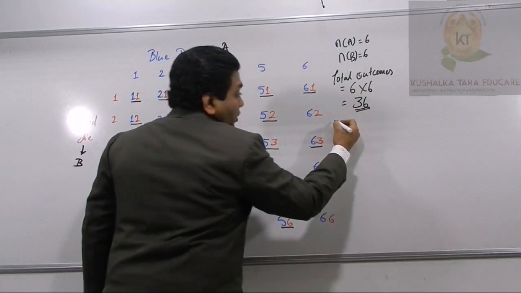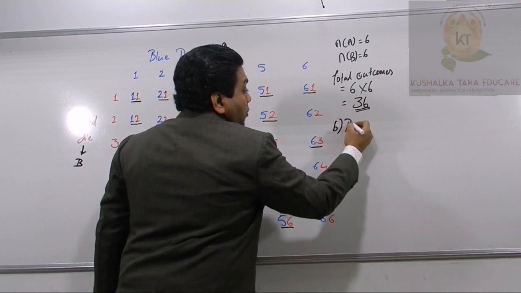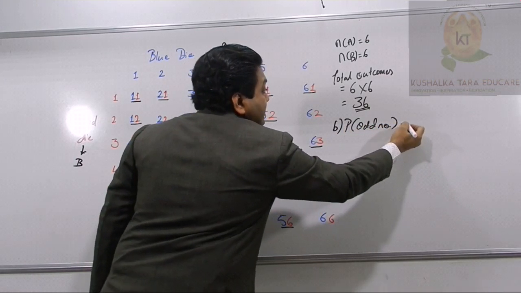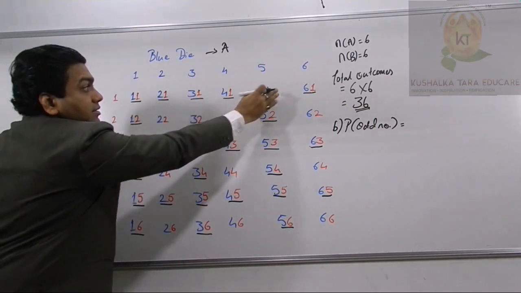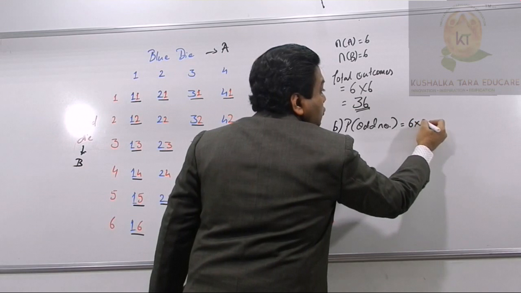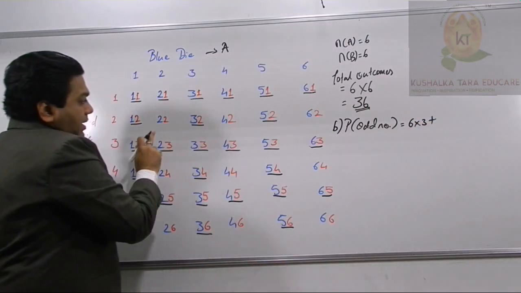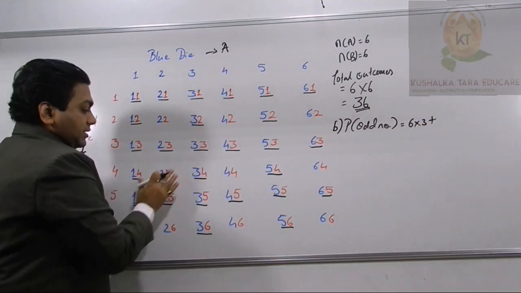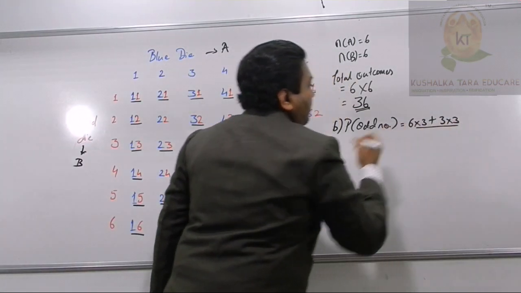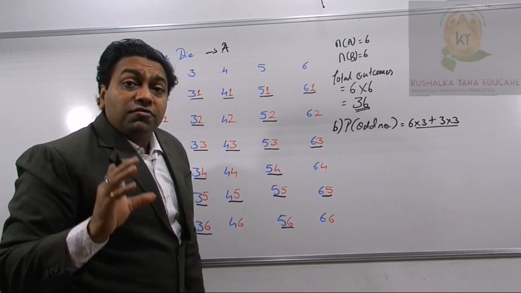So therefore my first part, probability of getting an odd number, is nothing but there are 6 occurrences in 3 rows, so 6 into 3, plus 3 occurrences, 1, 2, 3 occurrences in 3 rows, that's 3 into 3, divided by the total number of outcomes.